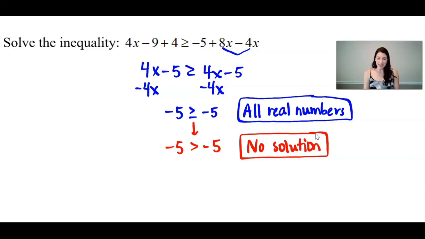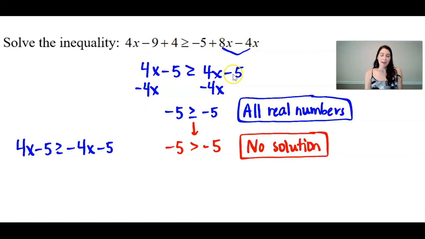Now, a common mistake I see is that what if this problem had been 4x minus 5 is greater than or equal to -4x? Let's keep it with the -5 as well. A lot of students look at this and think right away, this has to be all real numbers.